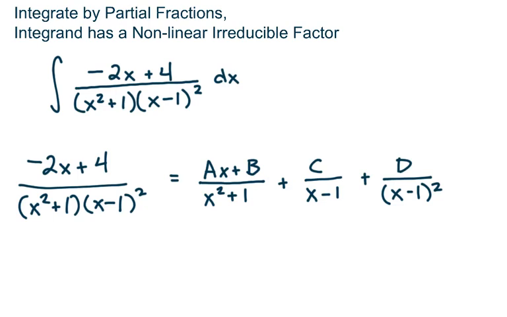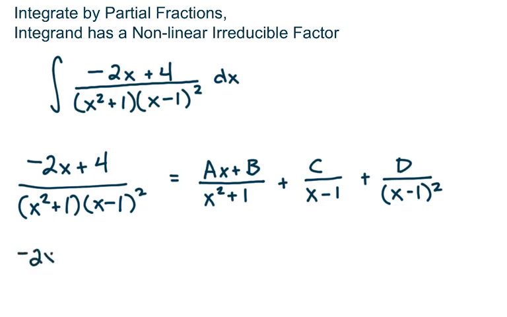So now we're going to multiply by the LCD, which is of course our original denominator, to clear the fractions. And once I've done that, I multiply by my LCD, which is x squared plus 1 times the quantity x minus 1 squared.